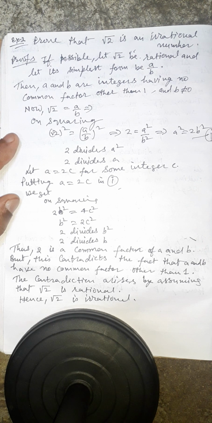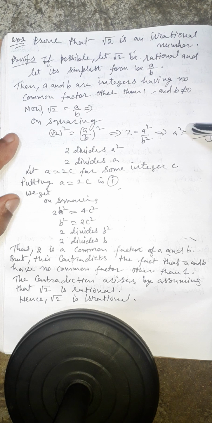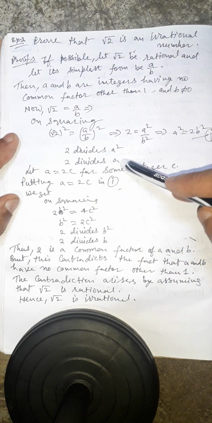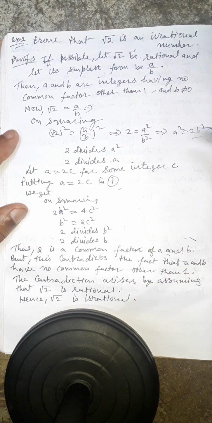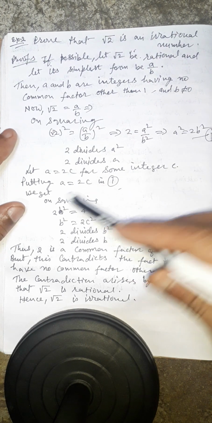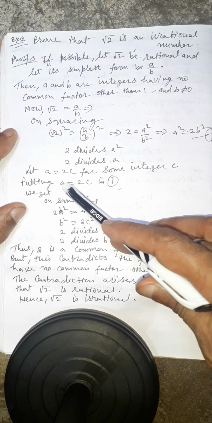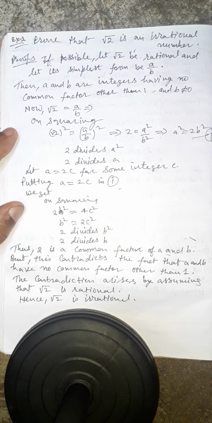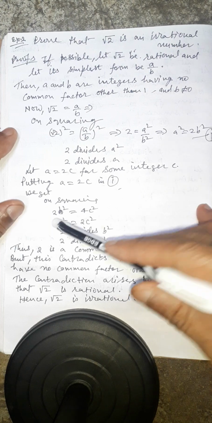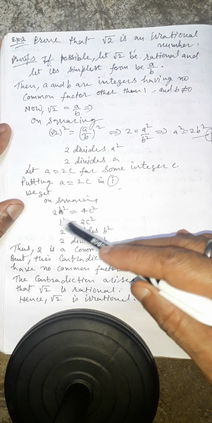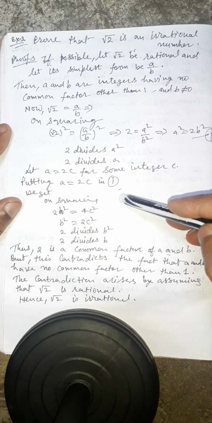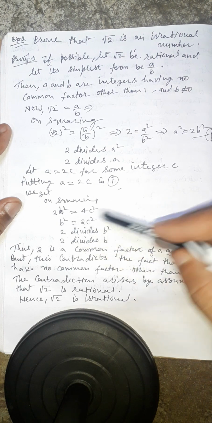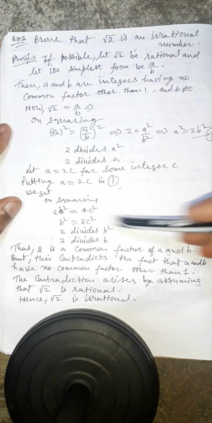2 divides a square, so 2 also divides a. Let a be equal to 2c for some integer c. Putting a is equal to 2c in equation number 1, we get 2b square is equal to 4c square. b square is equal to 2c square, taking out the common 2.